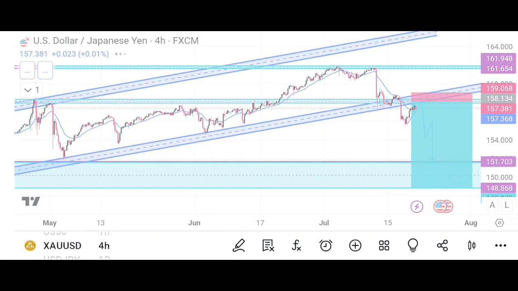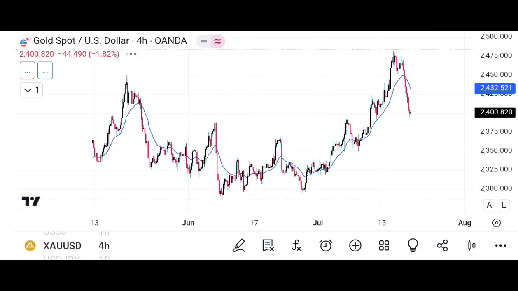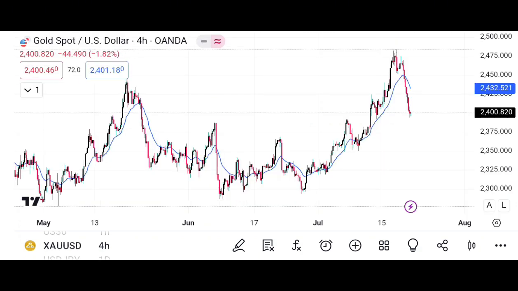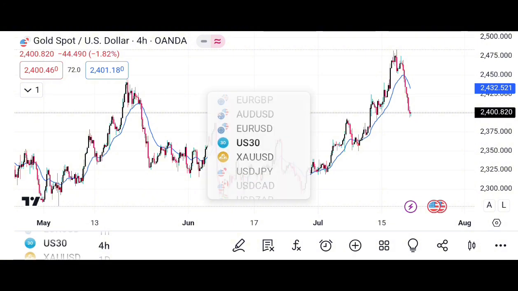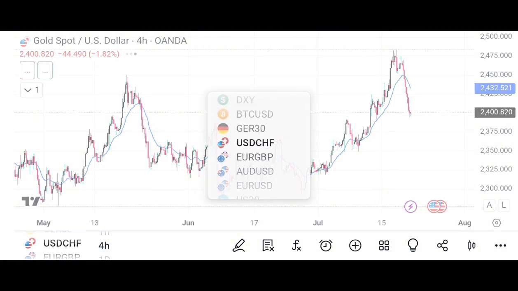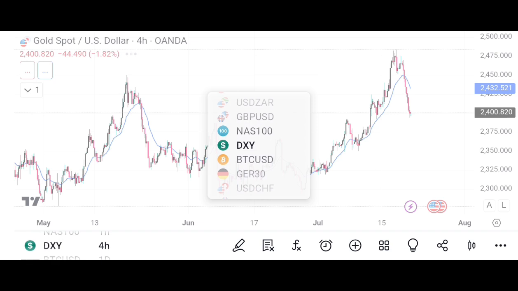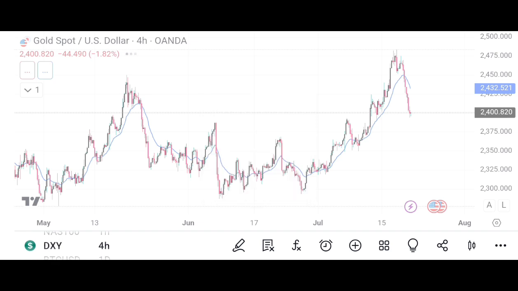Welcome to the gold. Let me tell you something, guys, about correlating pairs. Since the DXY is looking for sales, the gold is looking for bulls. Let's check first to confirm. Where's the DXY?